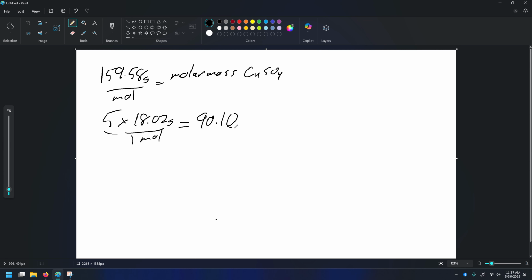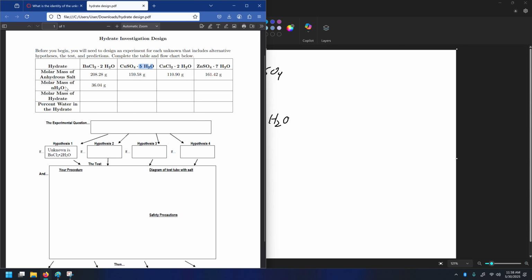So I added a 0 on the end to say, yes, it is specific to this exact value. Okay. And of course, we can't forget our units here. That's grams per mole of nH2O in that compound.